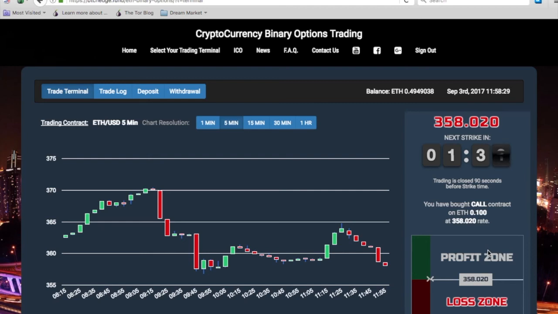Again, we have bought a call contract on the same amount of 0.1 Ether. That means that if the price at strike time is higher than 358.02, we'll receive back our 0.1 Ether plus 50% of that amount minus commission.